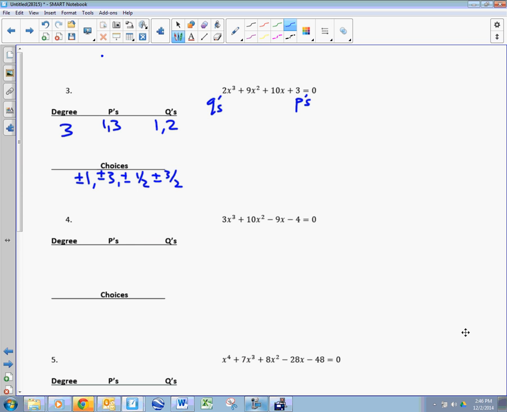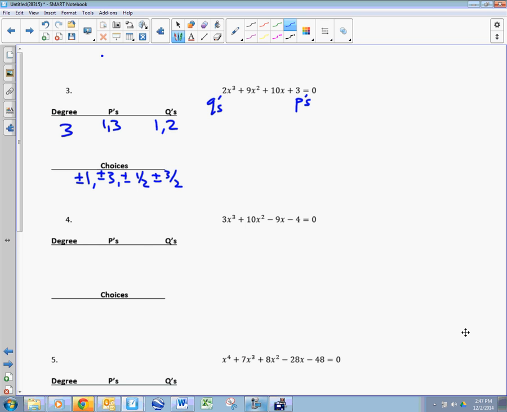No! 1's a dumb choice. 3's a dumb choice. 1/2's a dumb choice. 3/2's a dumb choice. Any positive number is a dumb choice. Why? It's all positive. Does that make sense to you that you're going to have a negative in there?